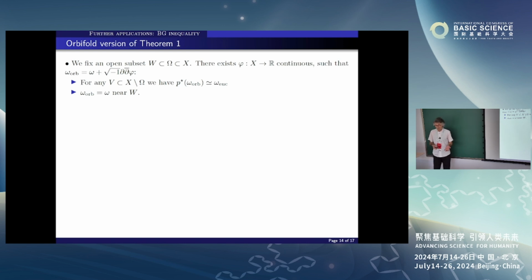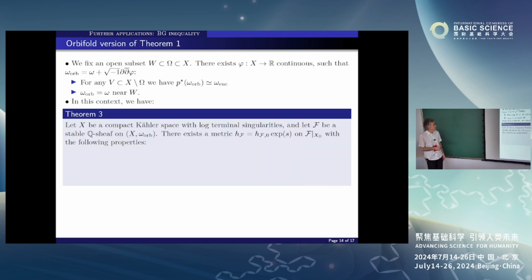But I can tell you already that if this set W is empty, then this means that X has quotient singularities, and then we can simply construct the orbifold metric on it. But in general, we know nothing about the singularities here, and the best we could do is something that interpolates between the two geometries. But the behavior of these two metrics, this guy here and this guy here, is very different. It's very violently different. So this creates many technical difficulties.